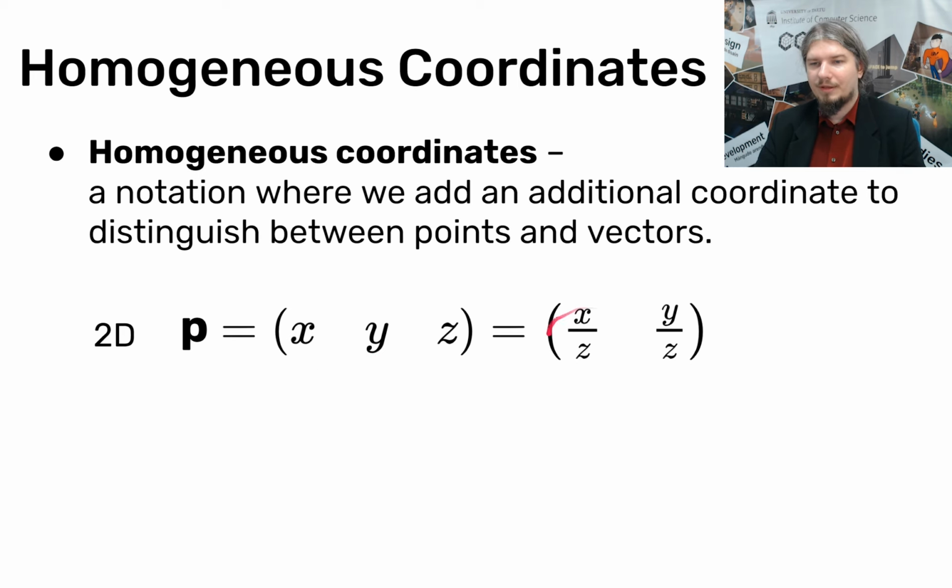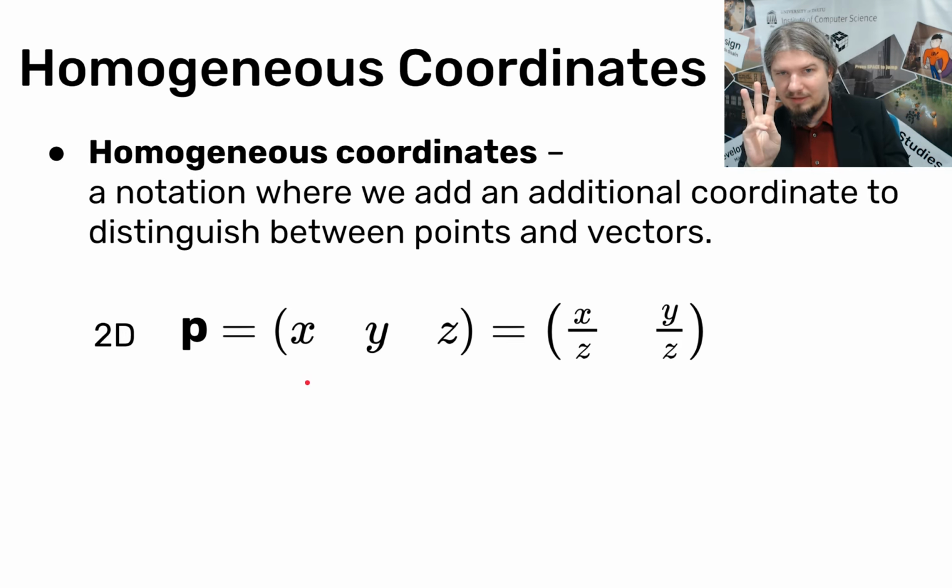And the 2D point that it denotes is x divided by z and y divided by z. So a 2D point is represented with 3 coordinates, and it denotes a point where the first 2 coordinates are divided by the third one.